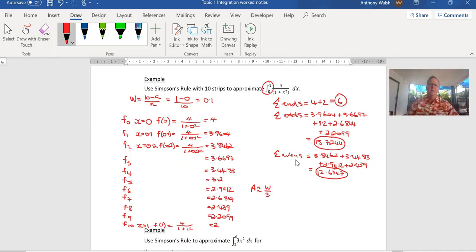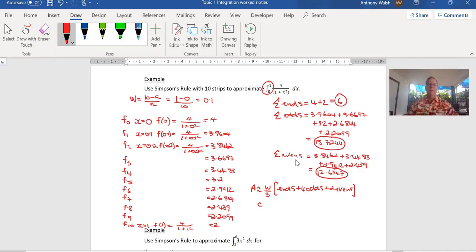And the W, remember, is B minus A divided by N. So W divided by 3 times the ends plus 4 times the odds plus 2 times the evens. Odds being the sum of all the odd lengths, evens being the sum of even lengths, and ends being the sum of the 2 end lengths.